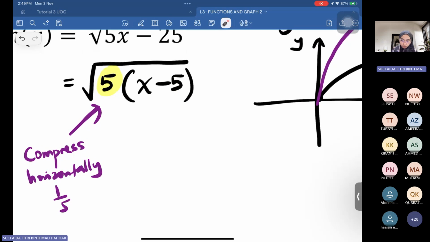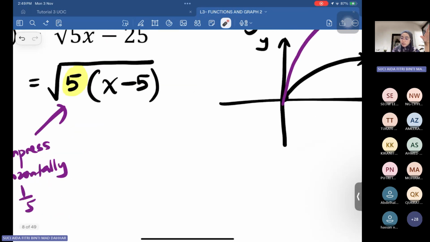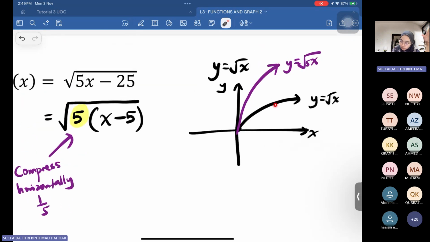Okay, the first one is done. Now, remember your x has been compressed by 1/5. For example, if the original x value here was 5, it's now becoming 1. See, your x becomes smaller.